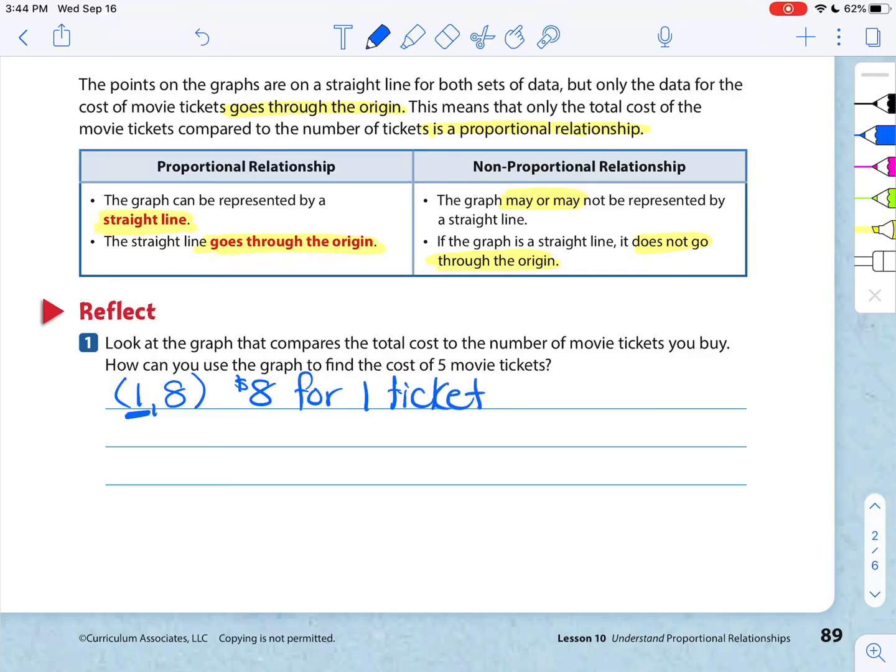And this was assuming that we didn't have the information from the previous page where it told us. Since we know it's $8 for one ticket based off the graph, I could then multiply 8 times 5 to see that it would be $40 for 5 movie tickets.